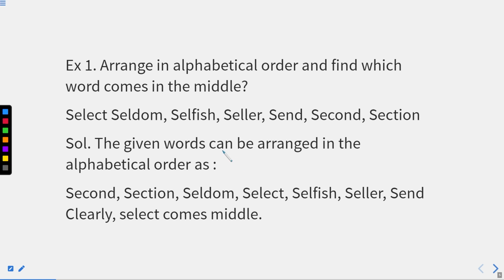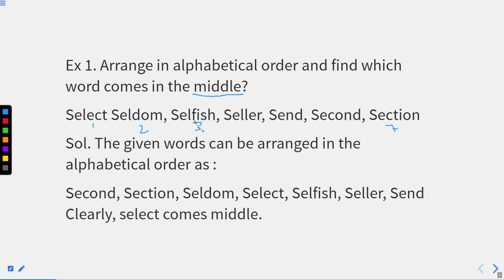As soon as you read the question, you come across the word middle. Here you are given words numbered 1, 2, 3 and so on till word number 7. Now you have to figure out which word will appear in the middle, that is your fourth position, when you arrange them as per the dictionary.